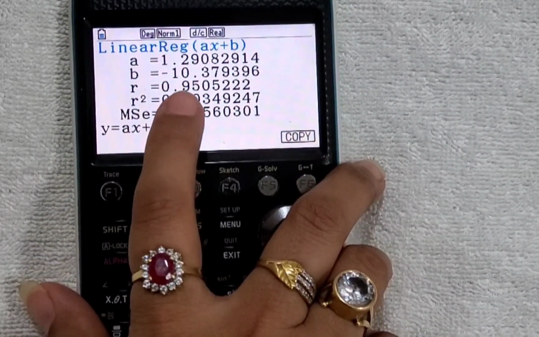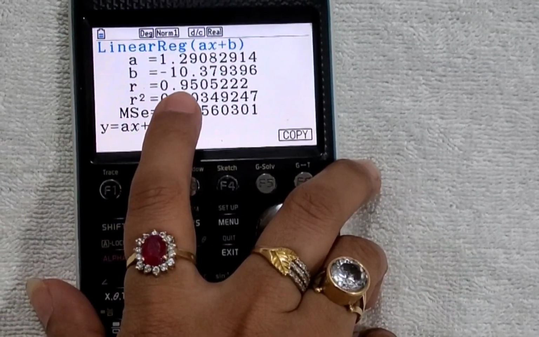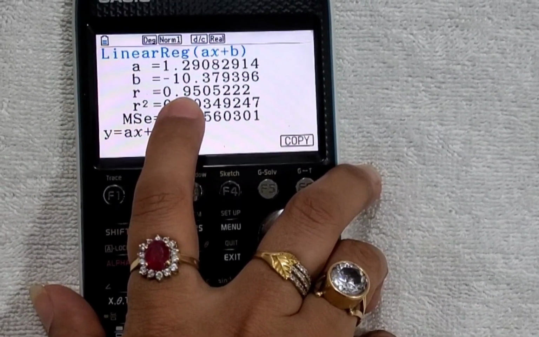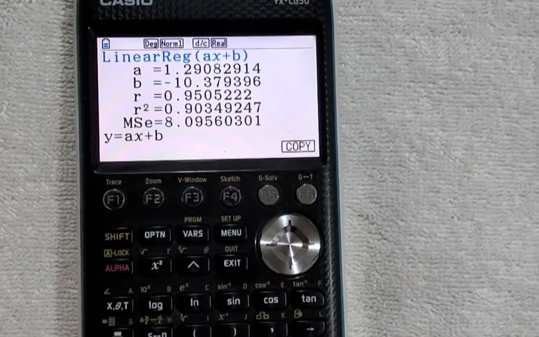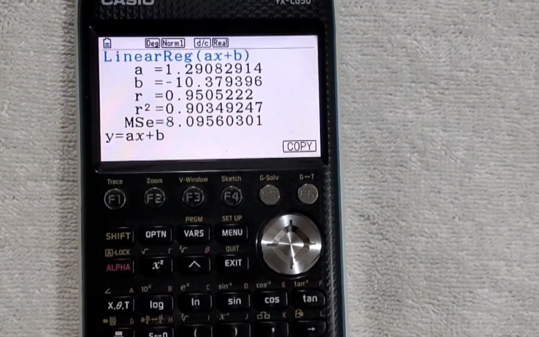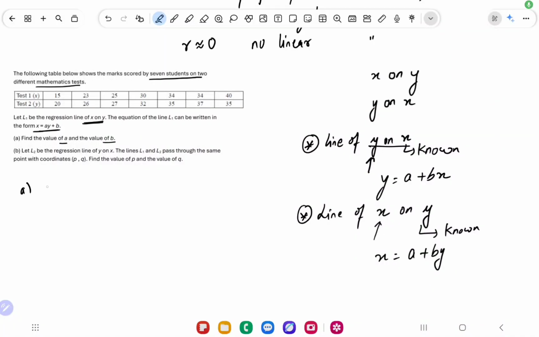And the important relation between x and y is dependent upon this r value. This r value is 0.95, almost near to 1. It means there is a strong positive relationship between both the variables. For part a, we got our a value as 1.29 and b value as -10.4.